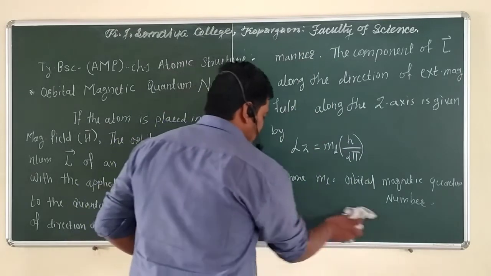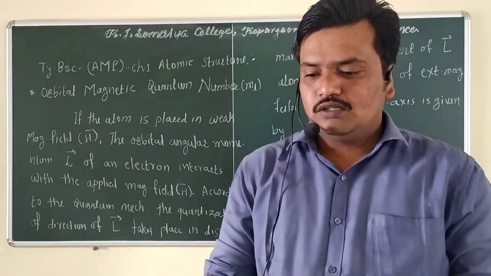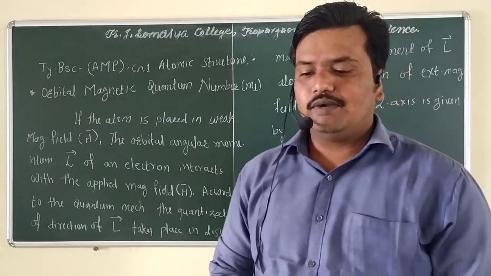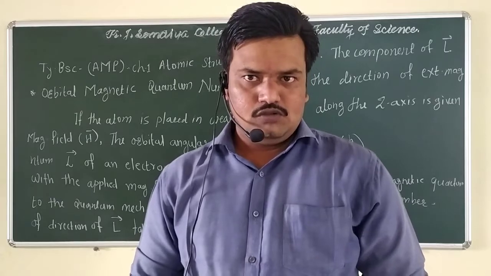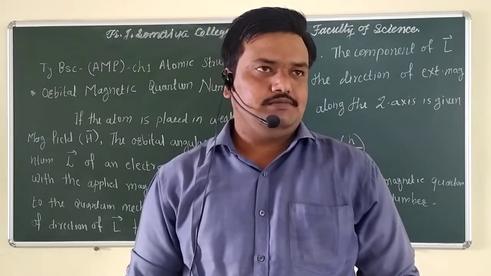In this lecture we want to see the next point, which is the orbital magnetic quantum number, denoted by ml, m suffix l.